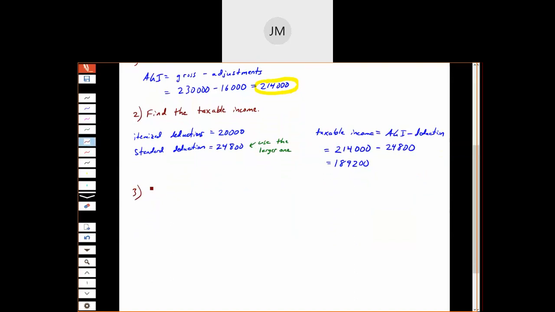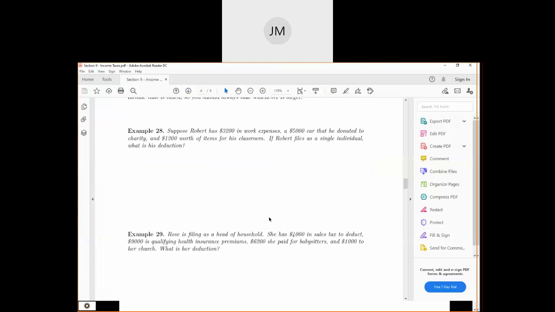Here we want to find the computed tax. So what we have to do there is take a look at the tax brackets. So they have $189,200 in taxable income.